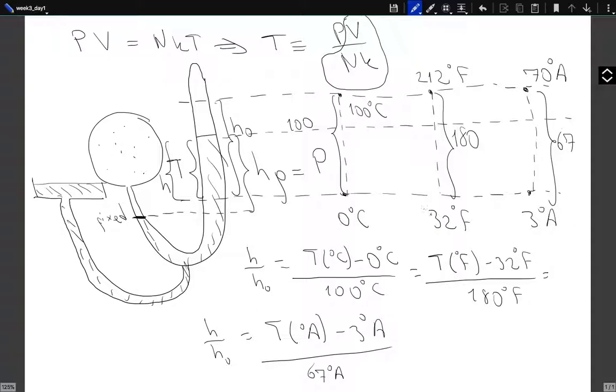Now, of course, there are some conspiracy theories, many stories about why Fahrenheit chose 32 degrees Fahrenheit and 212 degrees Fahrenheit.